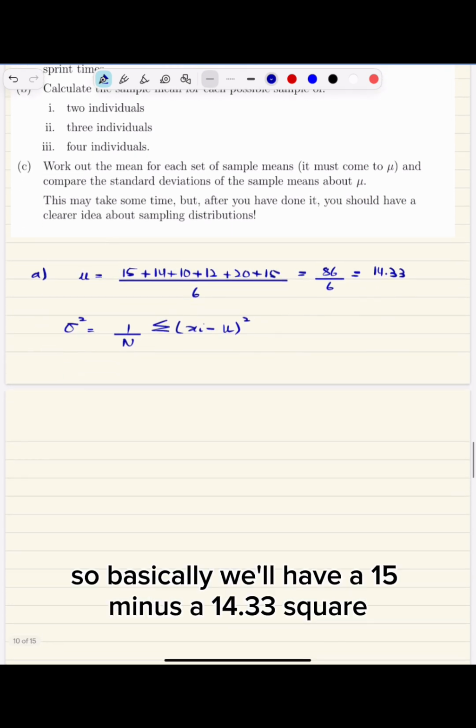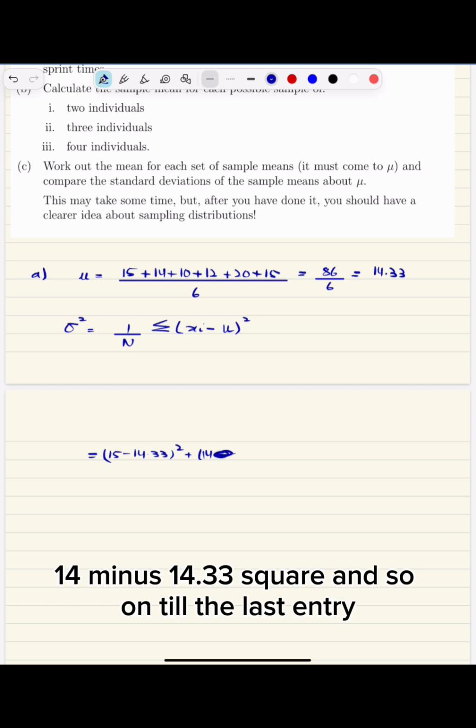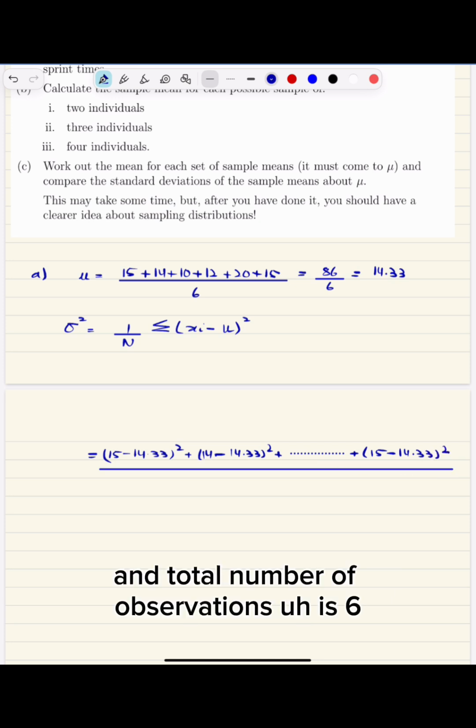So basically we'll have (15 minus 14.33) squared plus (14 minus 14.33) squared, and so on till the last entry, which is (15 minus 14.33) squared. And the total number of observations is 6.